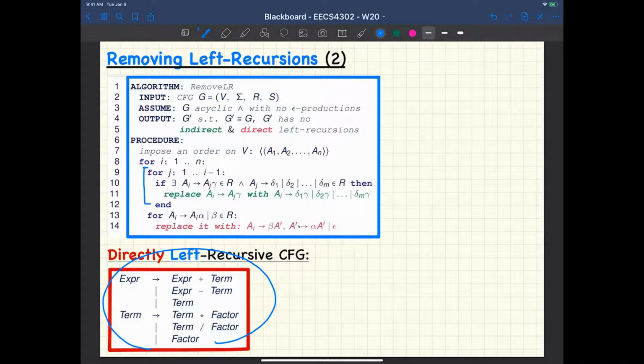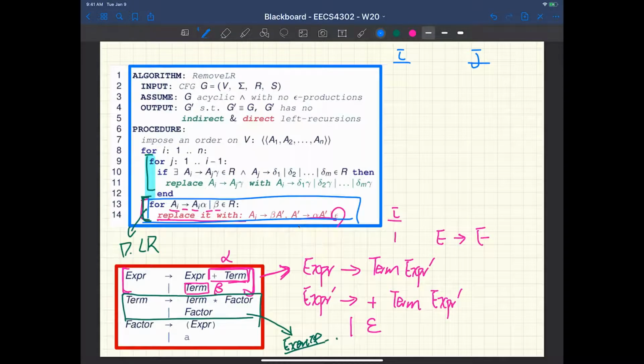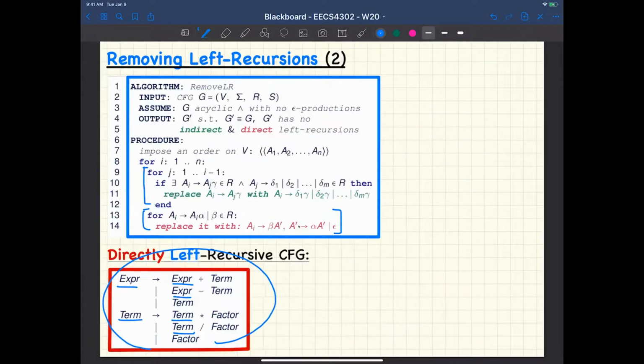However, for the direct left recursion, you will have to do something, like what we did. For example, expression here, term, and also term here, expression here. So this example will be very similar to how we did the previous one. I'll leave it to you. That will be an exercise for you.